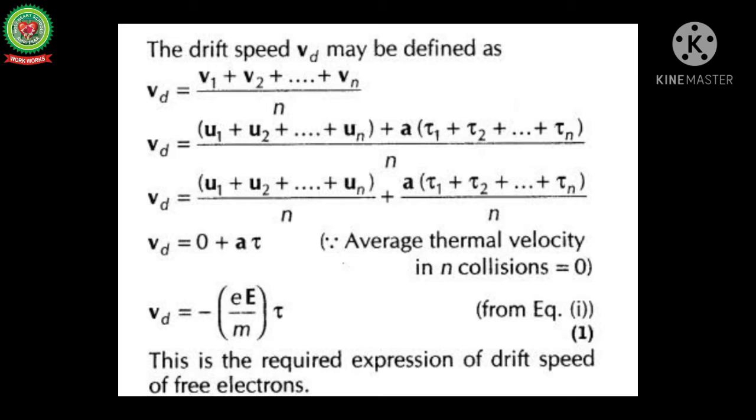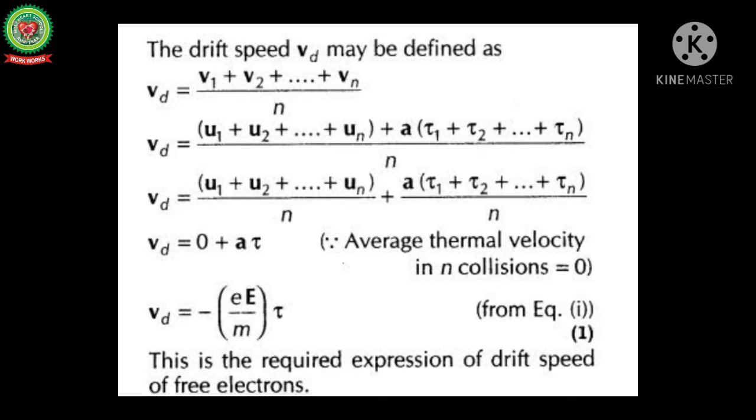So, on putting the values, we will get u1 plus u2 up till un plus a, tau 1 plus tau 2 plus tau 3 up till tau n divided by n. Students, here tau is known as relaxation time. So, on rearranging, we will get Vd is equal to 0 plus a tau.